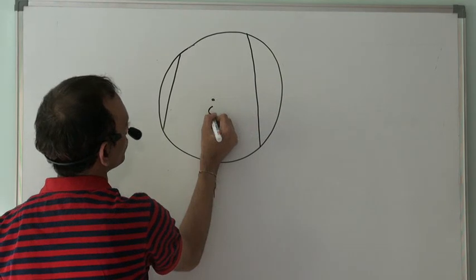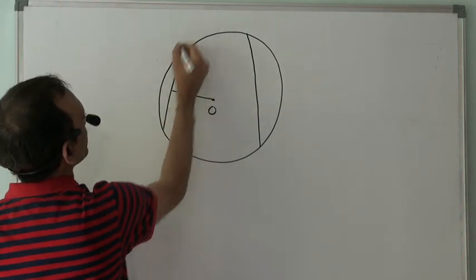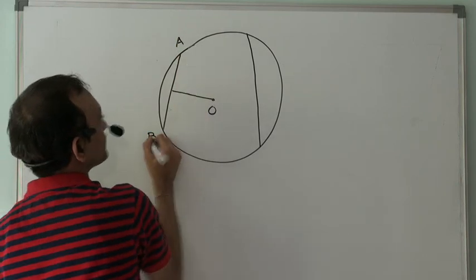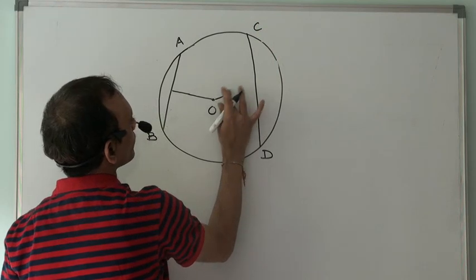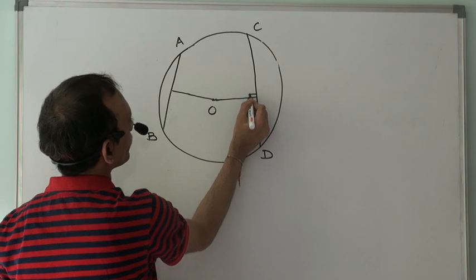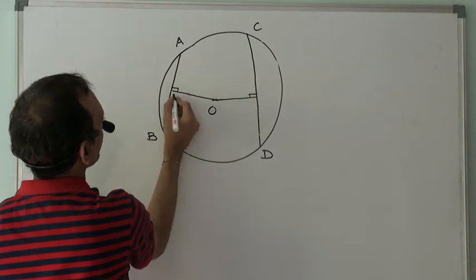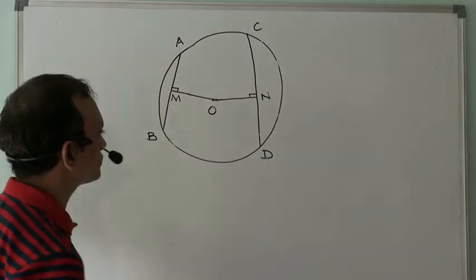O is the center. Say this chord is AB and this chord is CD, and these are their respective perpendiculars from the center.